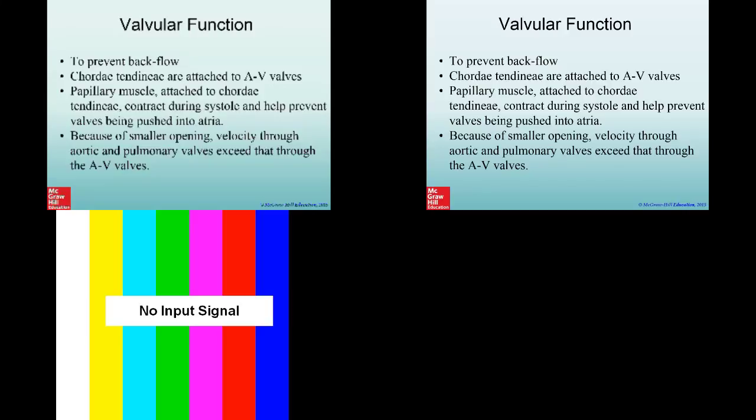And just a little tidbit here. You think about the difference in the openings that you have, so going into the pulmonary artery or the aorta, and then going from the atria to the ventricle.